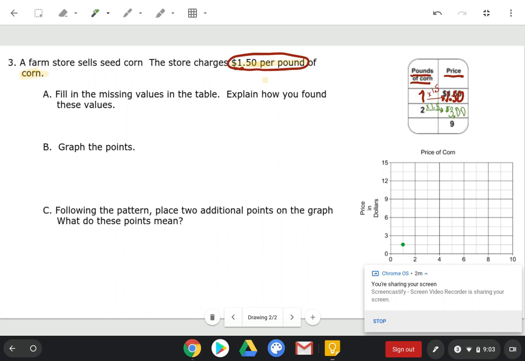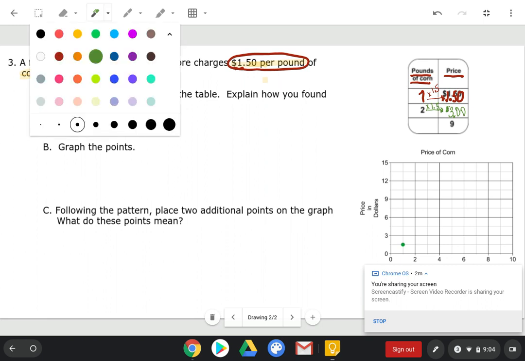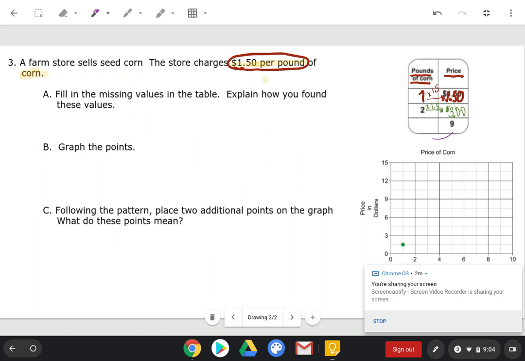Now, the last missing value is a bit different because up until now we've been going from the left-hand column to the right-hand column. But to find that last value, we're actually going to have to go in the opposite direction. We're going to have to go from the right column to the left column. So that's going to require a bit of a different procedure, but not too much different.